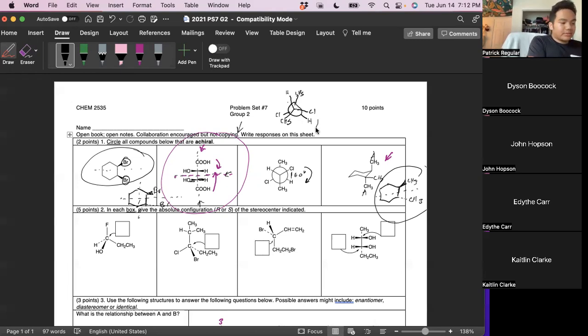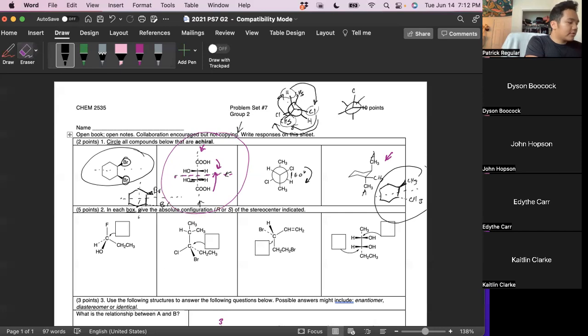Let's just go ahead and skip it. Rotate it 120 degrees because you guys know what staggered formation would look like. You guys took test 1. All right, if this is eclipse, we just move each one of these one spot over in that same eclipsed formation. So that H would go to that Cl, that Cl would go to that CH3, and that CH3 would go to that CH3.